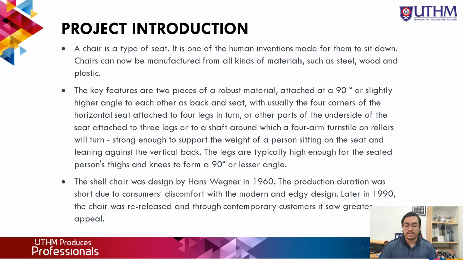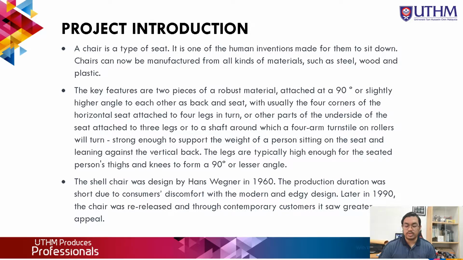The key features of a seat are two pieces of robust material attached at a 90-degree angle or slightly higher angle to each other as the back and the seat. Usually the four corners of the horizontal seat are attached to four legs, or the other side of the seat is attached to three legs or to a shaft around which a four-arm turnstile on rollers will turn.